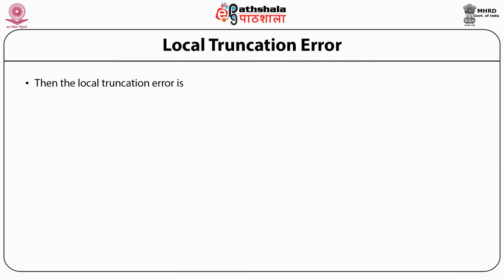Then the local truncation error is delta_{i+1}(h) equals [y_{i+1} minus (y_i plus h into g(x_i, y_i))], which is equal to y_{i+1} minus y_i minus h into g(x_i, y_i), where i varies from 0 to n minus 1. Let's call it equation number 4.